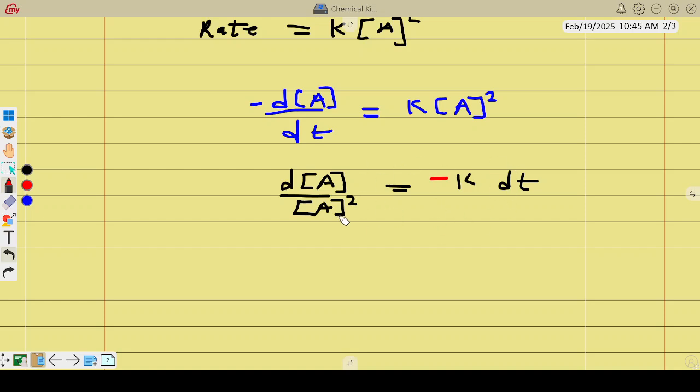Okay, so now at this point we do this scary symbol in math. When we start doing integration, it will be fun. We're integrating from the initial concentration, from A naught to A final, and here from time equal to 0 up to a certain time.